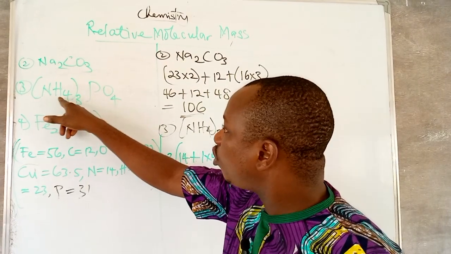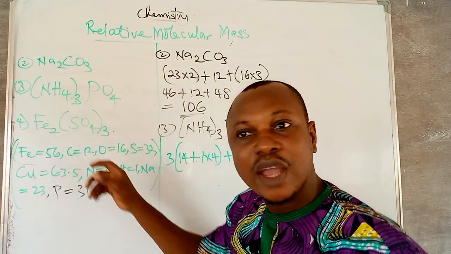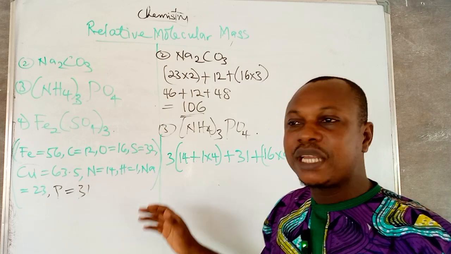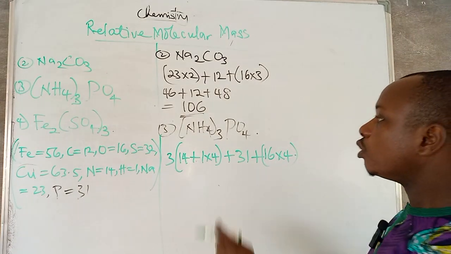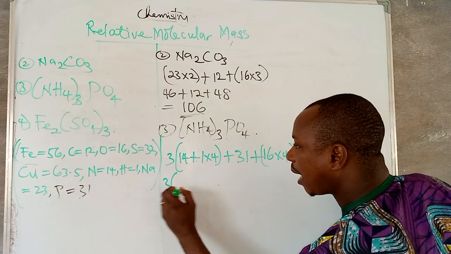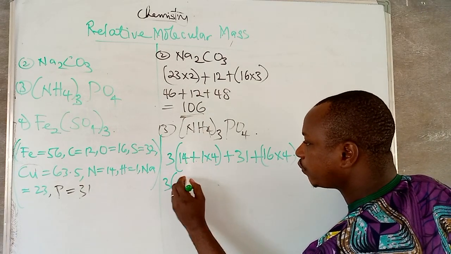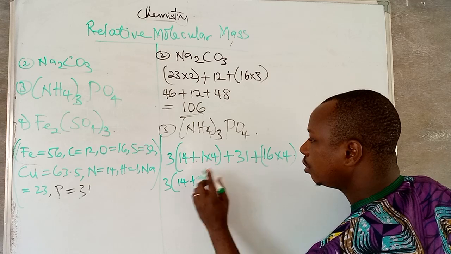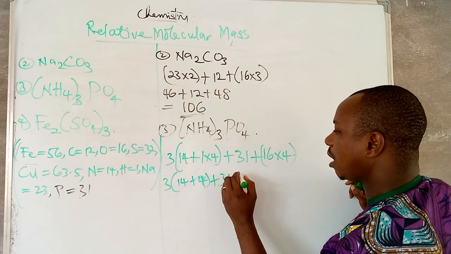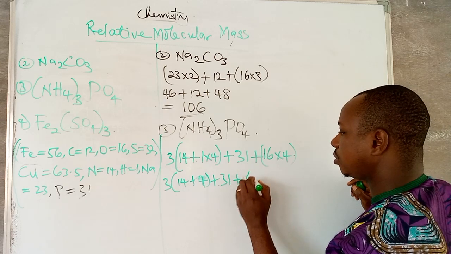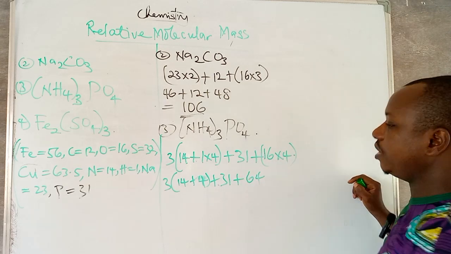But this four is only affecting hydrogen. If you can understand these things, there is no big deal about relative molecular mass or even the molar mass, which we will do next. So add up 14 plus 4. Remember, 1 times 4 will still give you 4. Plus 31 plus 64. 16 times 4 is 64.